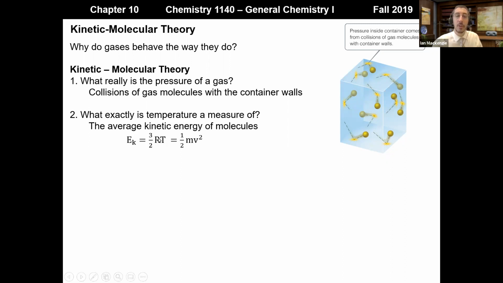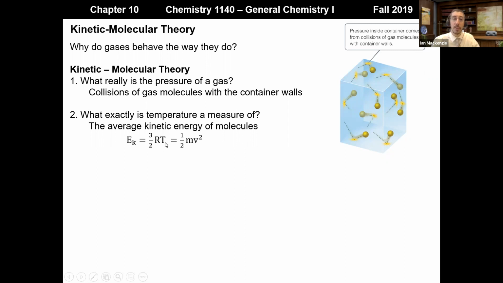We can also remember from early in chapter 5 another equation that relates kinetic energy to the speed of a material. Since kinetic energy is the energy of motion, we can relate the speed or velocity of an object to its kinetic energy using 1/2 mv squared, where m is the mass and v is the velocity or speed.